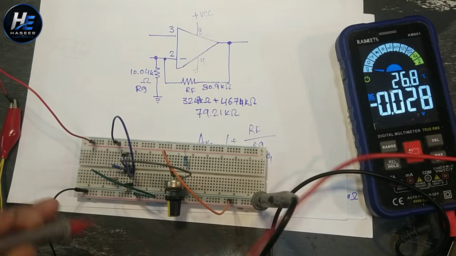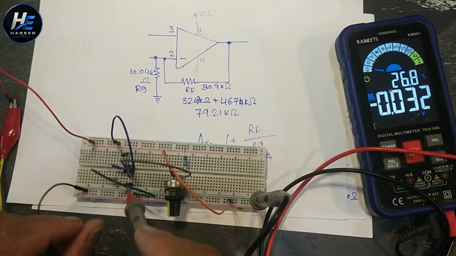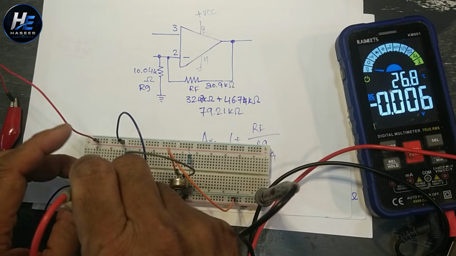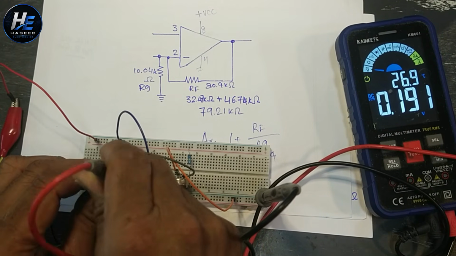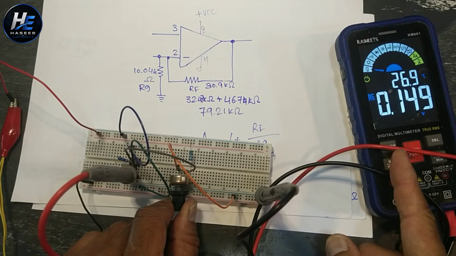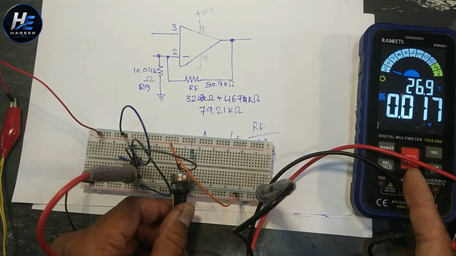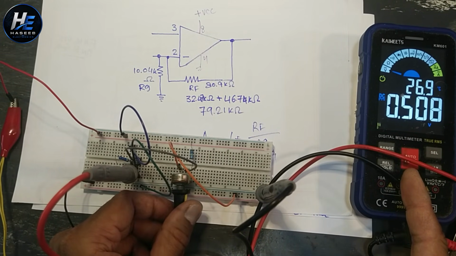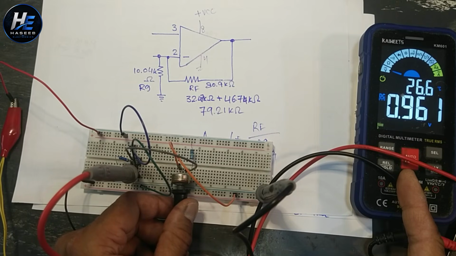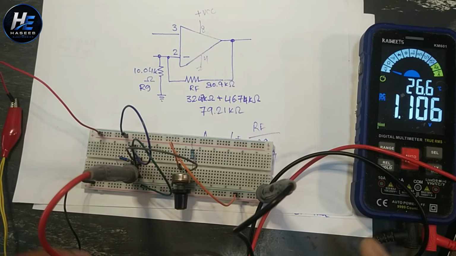We will test signal now. Input signal at pin number 3. Input signal is varying from 0 to 1.1.